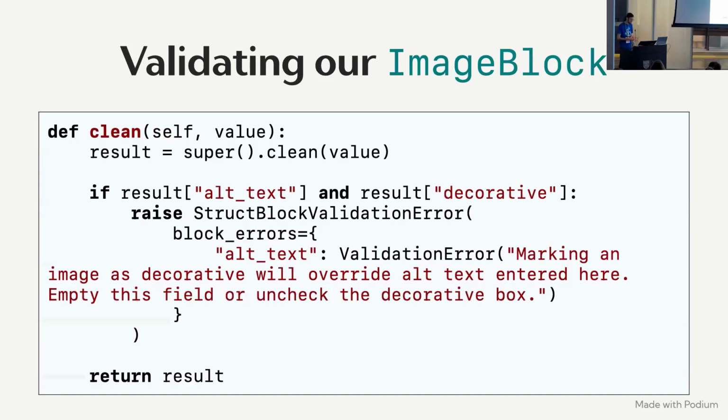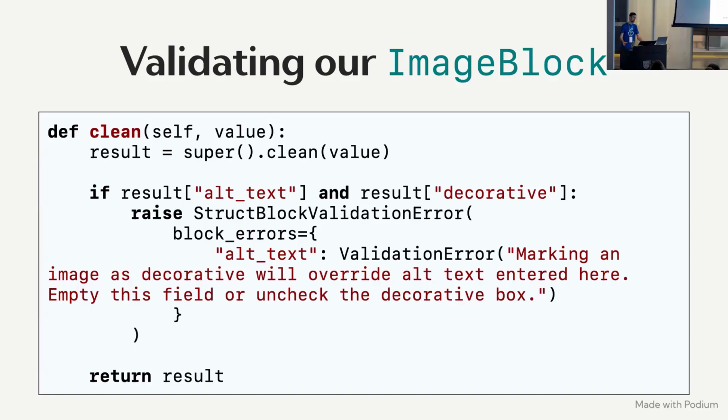Now let's look at how we want to validate this block. The main thing that we want to do is prevent folks from both entering alt text and checking the decorative checkbox. So this is a pretty simple thing to do, following a similar pattern to what we used earlier for related fields on a page model. The one additional thing that this example demonstrates is the use of the special struct block validation error class.